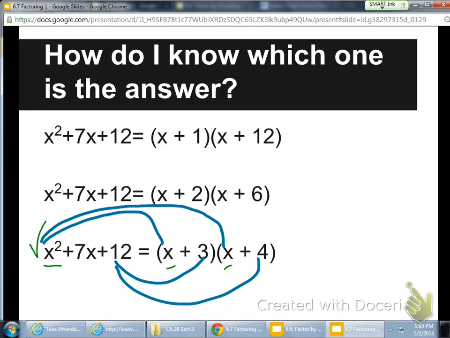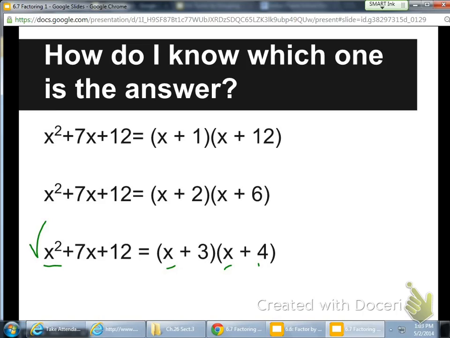Well, technically I'm doing it. No, it's just the x. Yeah, well, I kind of was doing it. Okay, it's the FOIL or double distribute.